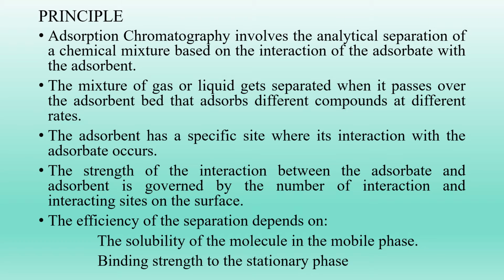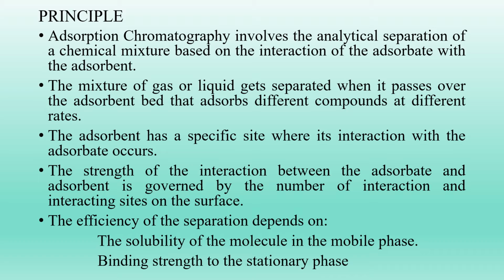That is the principle behind adsorption chromatography: the separation of the different components of a mixture is mainly based on the interaction of the adsorbate with the adsorbent, that is, the interaction of the different components of the sample we are analyzing with the stationary phase. The mixture of gas or liquid gets separated when it passes over the adsorbent bed that will adsorb different components at a different rate, and the adsorbent has a specific site where interaction with the adsorbate occurs.